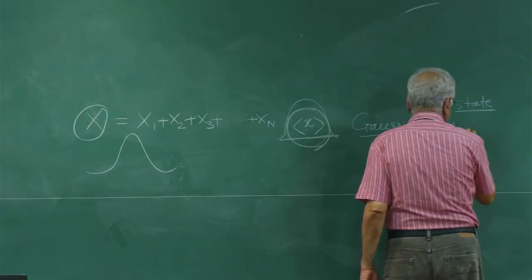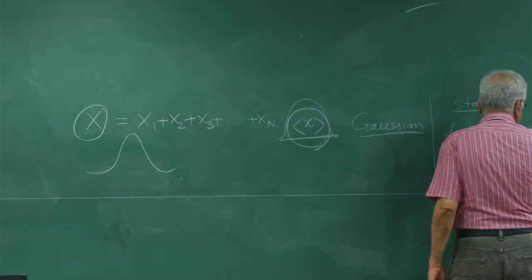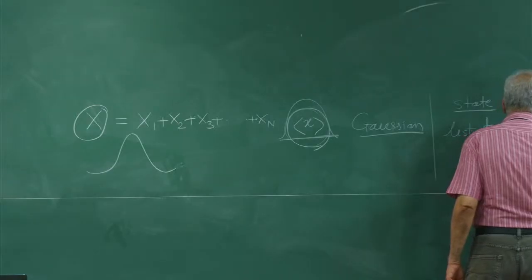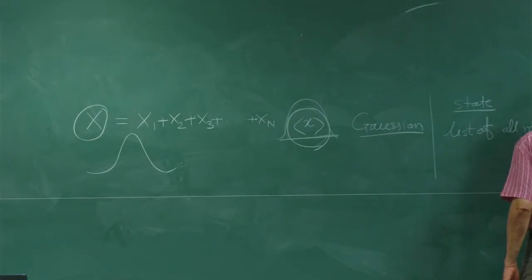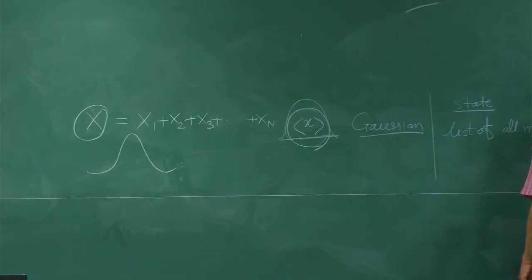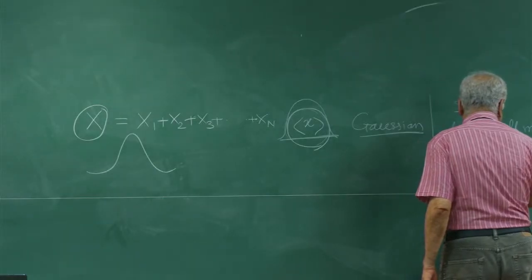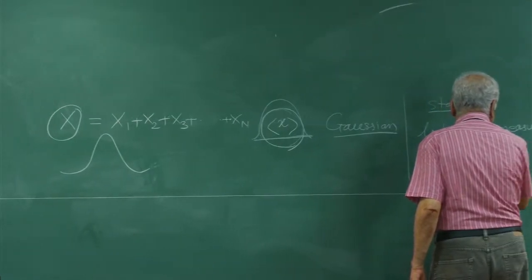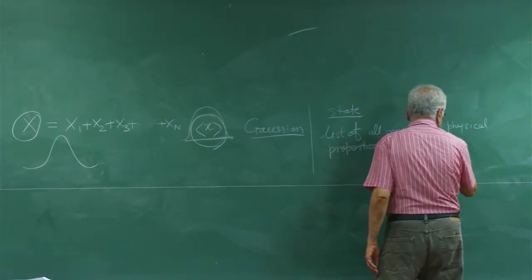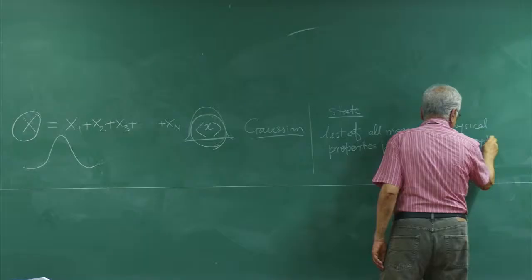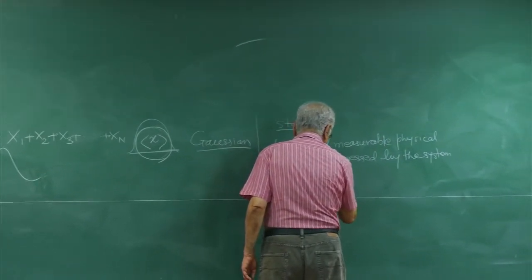It is just the list of all measurable physical properties possessed by the system at a given time.